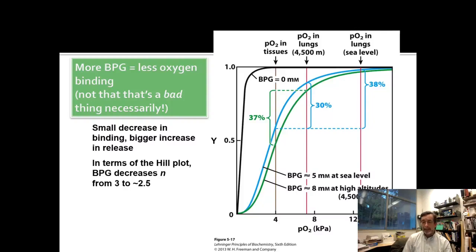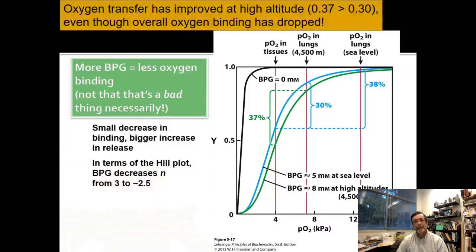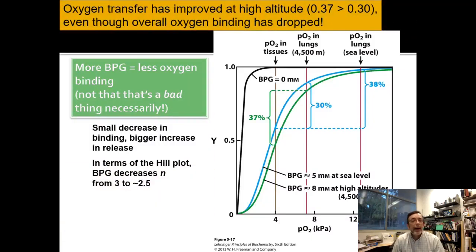You are making the hemoglobin less cooperative by forcing it out of the R state and forcing it to have more T state. It's really interesting, and you can think about things in that way. Oxygen transfer has improved. Remember, it's the difference between the y-axis values rather than the absolute y-axis values that really matters here.